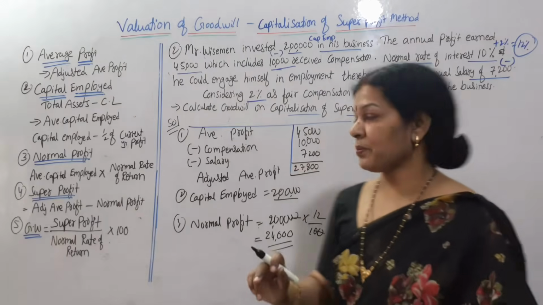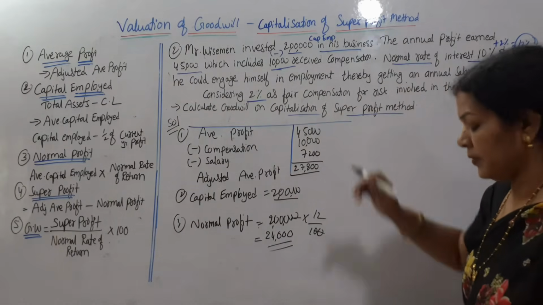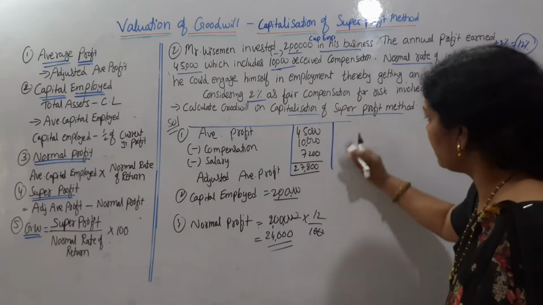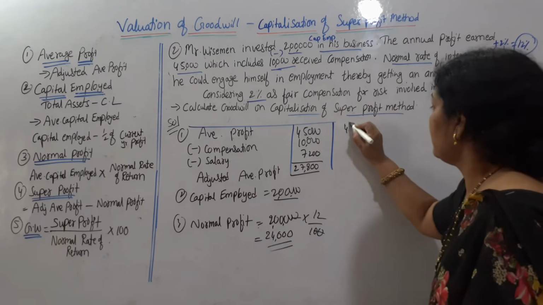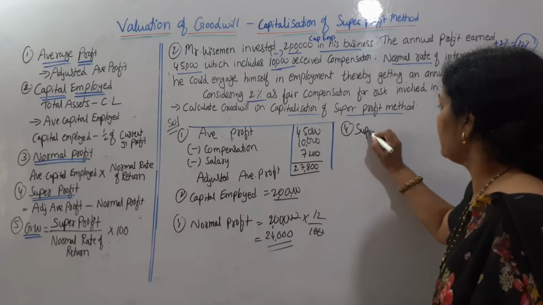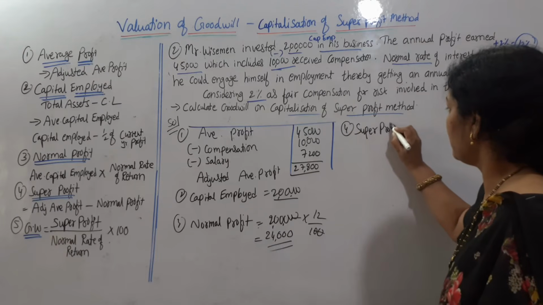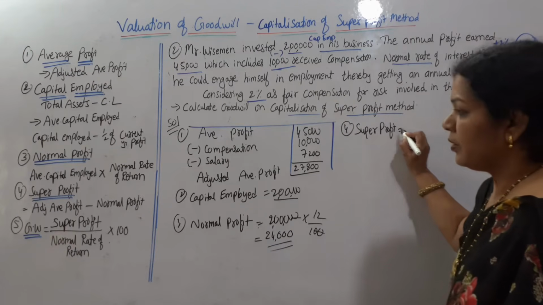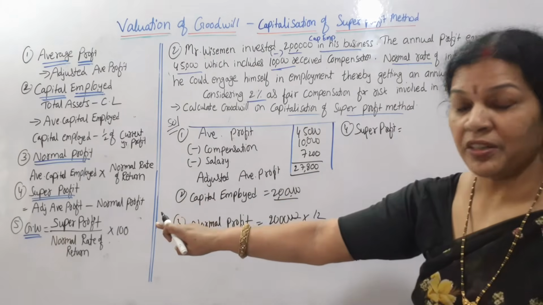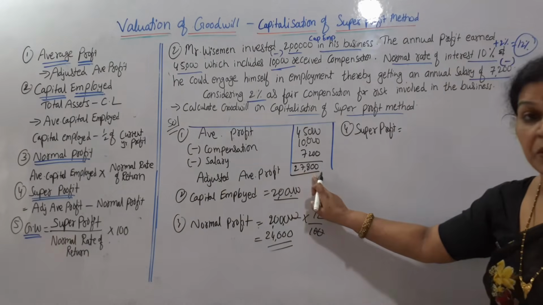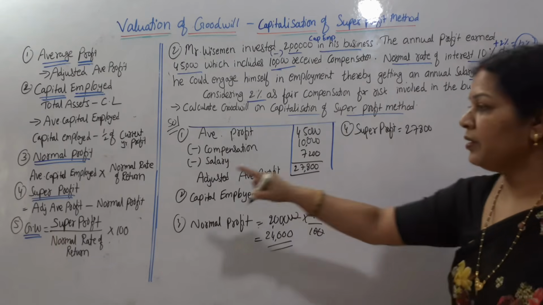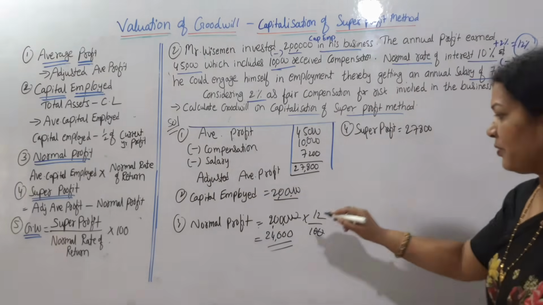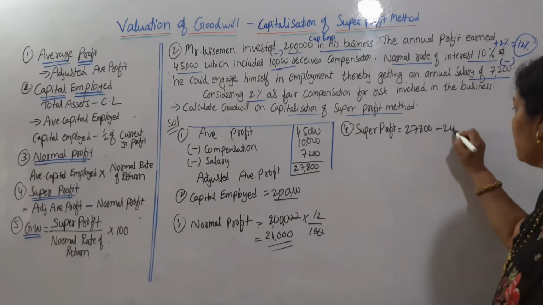Next, after that, super profit, the fourth step. The super profit formula is adjusted average profit minus normal profit. Adjusted average profit is 27,800 and normal profit is 24,000.